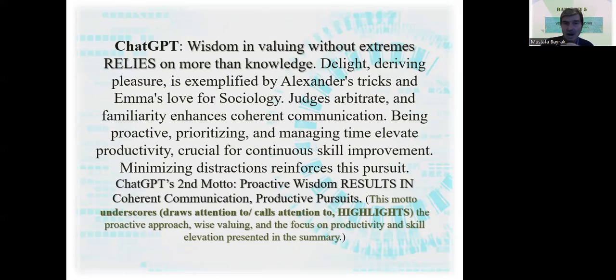This motto underscores, underlines, draws attention to, highlights the proactive approach, wise valuing, and the focus on productivity and skill elevation presented in the summary.